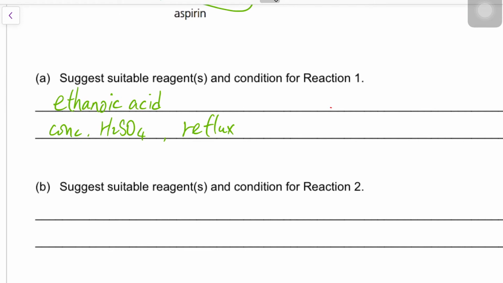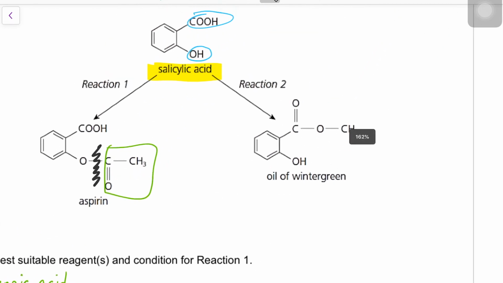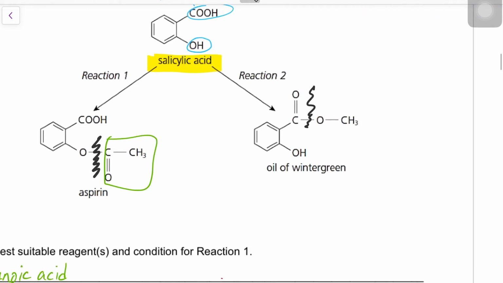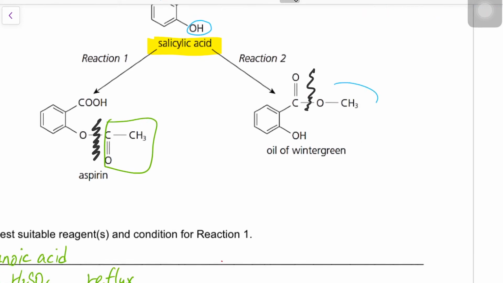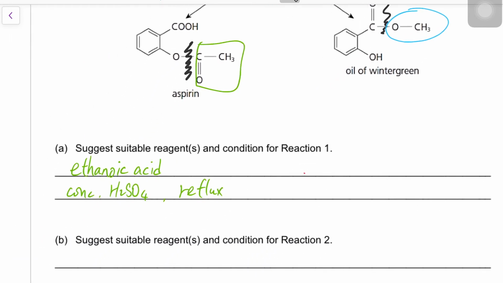Okay. Now the second one is the second reaction. Now, oil of wintergreen. This time the OH group is preserved. We just change the COOH into another ester group. So again, we break it here, and what we need is this one. This comes from an alcohol, methanol.